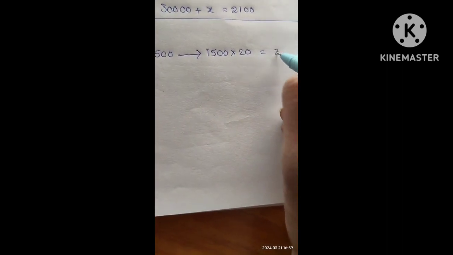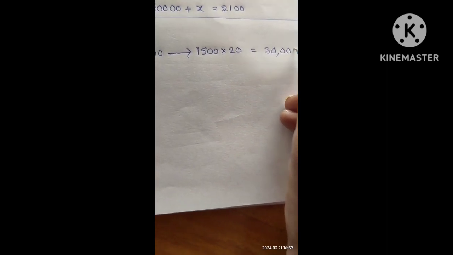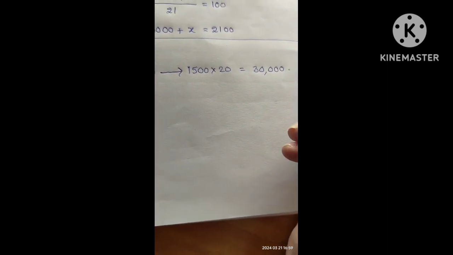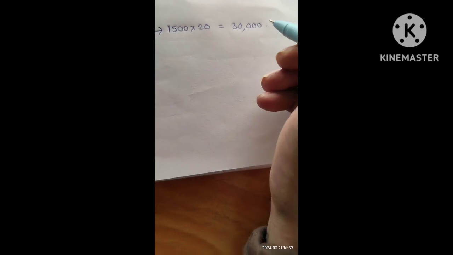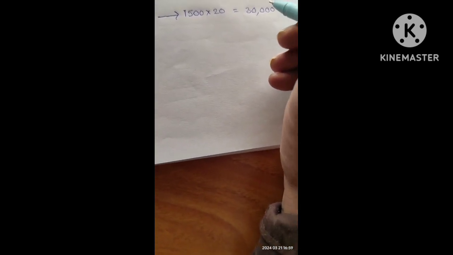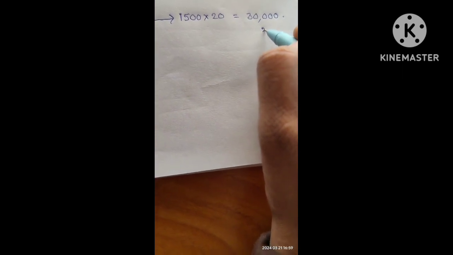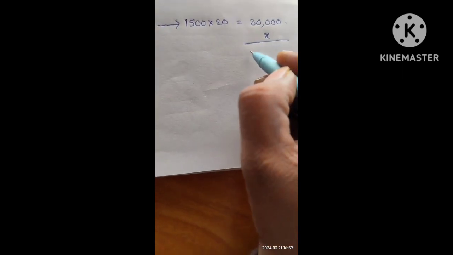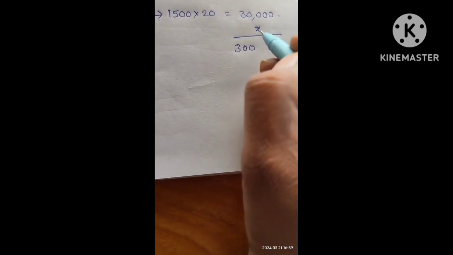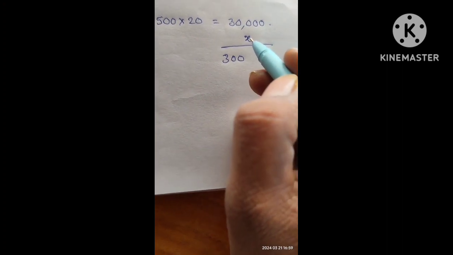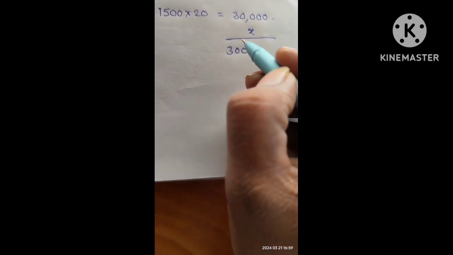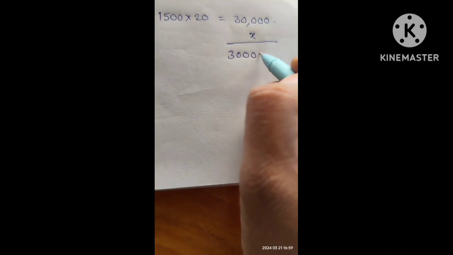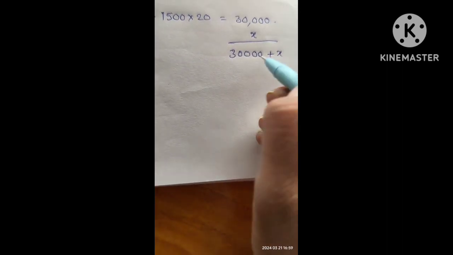It is equal to 30,000 rupees. It is the sum of the salaries of all the employees. Now the manager's salary is added. We don't know the manager's salary, so take it as some x. Then the total amount will be 30,000 plus x.